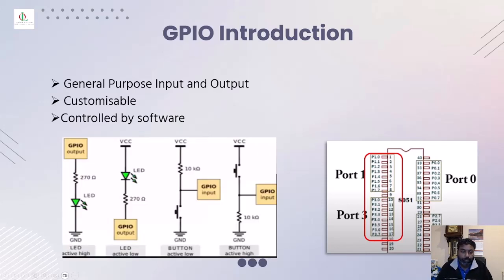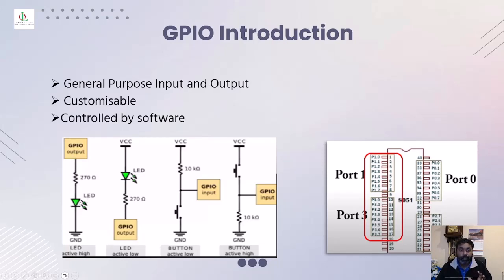Now let's learn about what these small circuits represent. So when a GPIO output is connected to a current limiting resistor and that connects to the LED, if the LED is connected directly to the ground, that means this circuit is considered as an active high, meaning the output is driving current along with the current limiting resistor, so that would allow plenty of voltage in there, so the LED will be brighter.